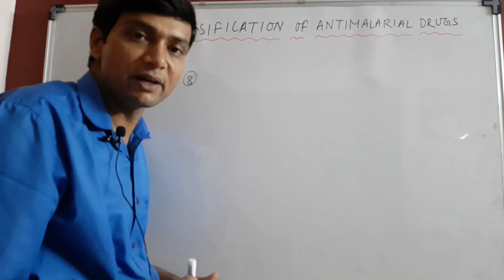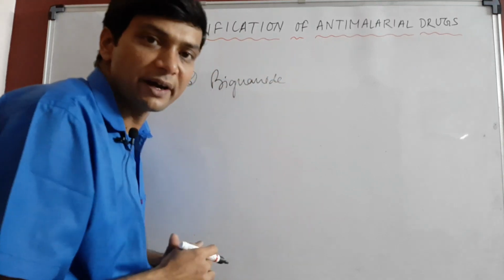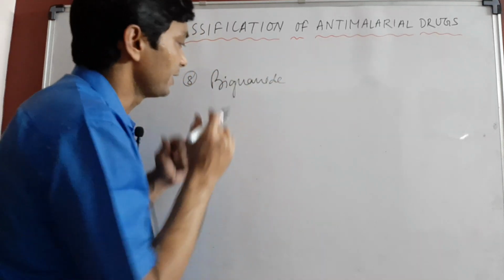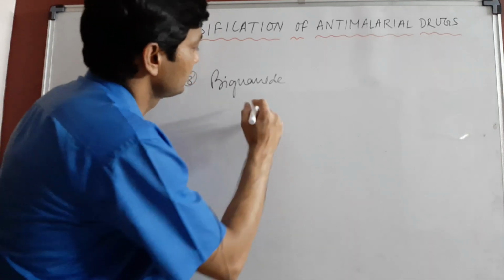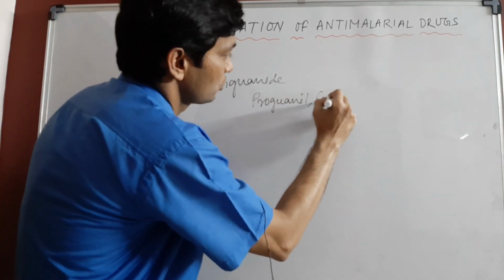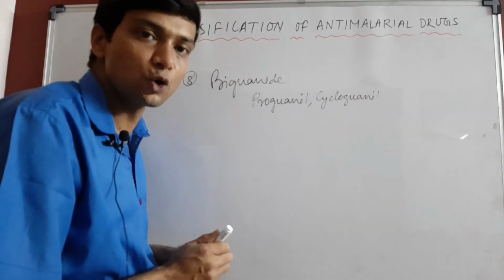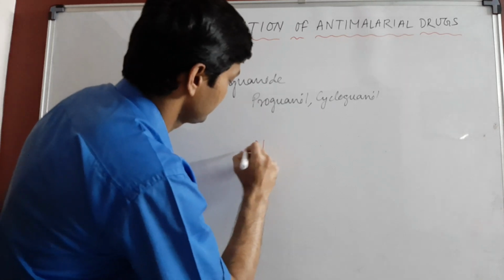The next class of antimalarial drugs is the biguanides, and examples of this class are proguanil and cycloguanil.